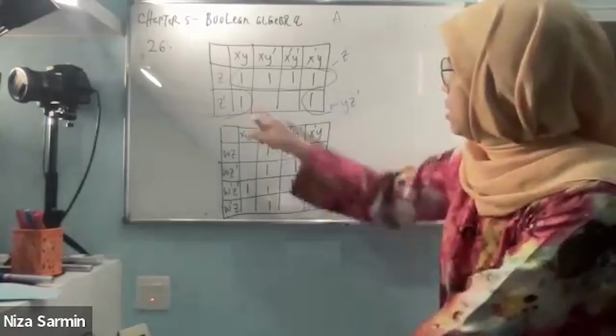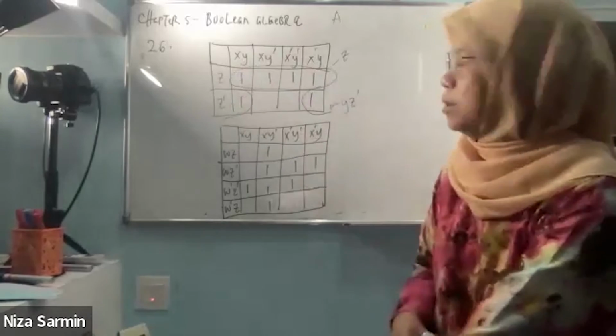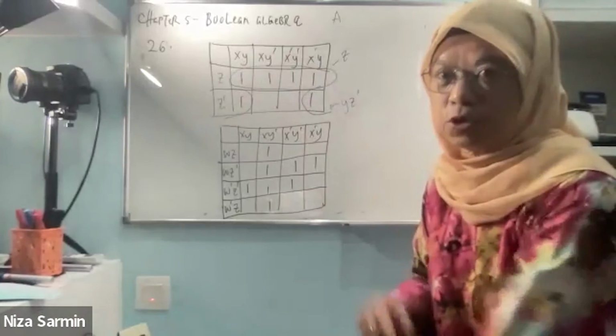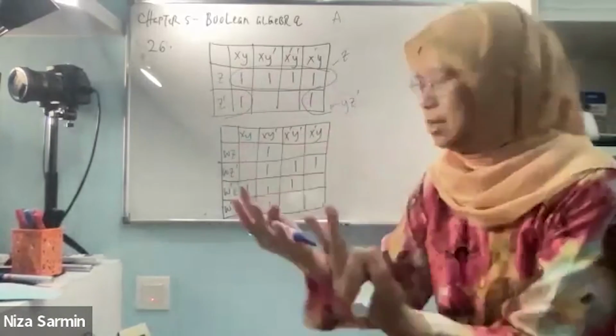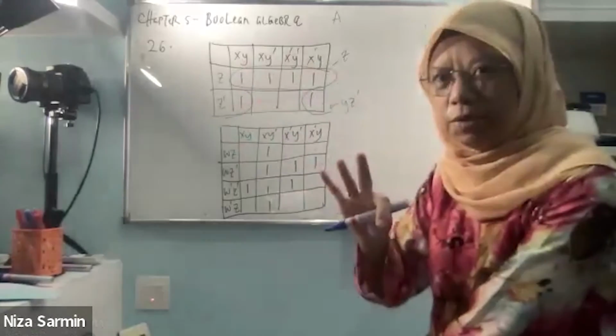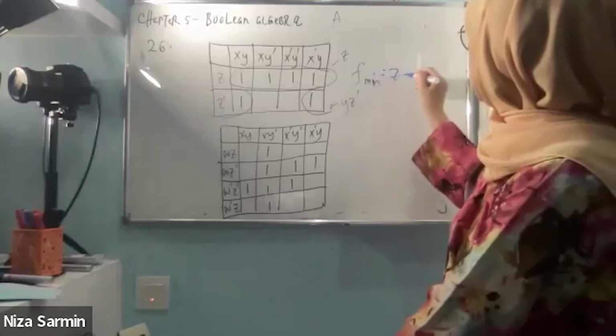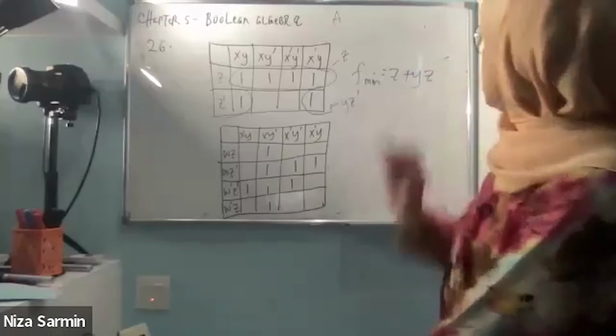The X is covered, right? X prime is covered, but it's Y and then Z prime. If you do this and this, there will be 3 terms. So the F min is Z plus YZ prime. That's the min.